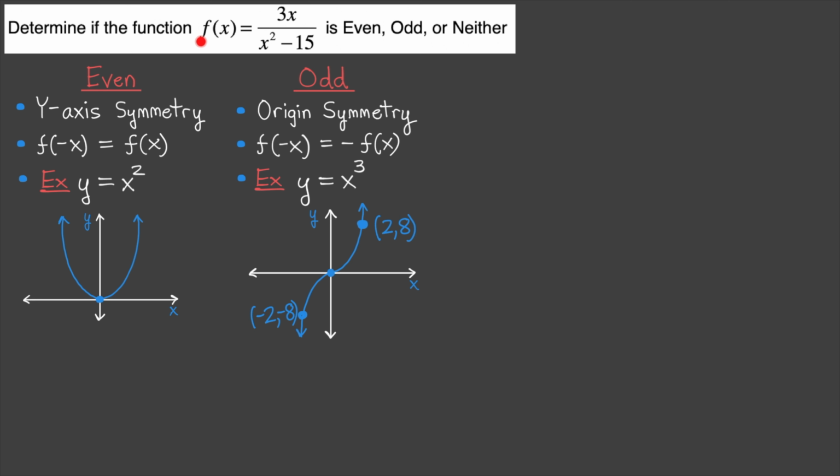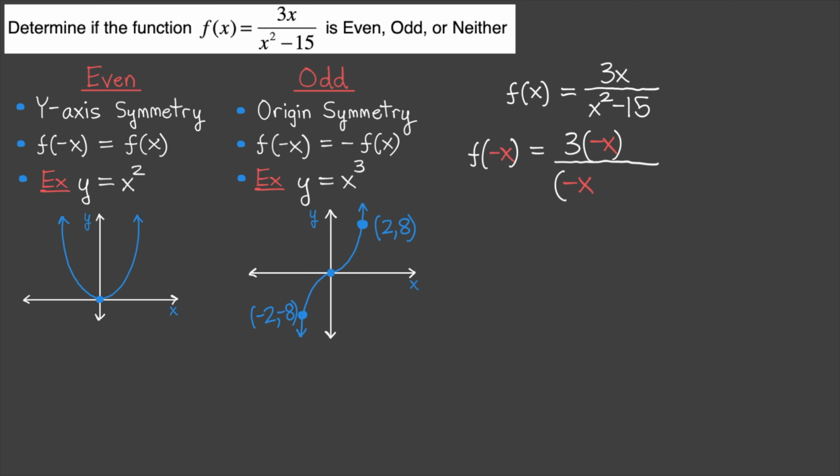All right, let's take a look at our f of x here, and we'll plug in negative x wherever we see an x, and then simplify. There's an x on top, so we'll plug in a negative x there. And on the bottom, there's another x, so we'll plug in negative x there.